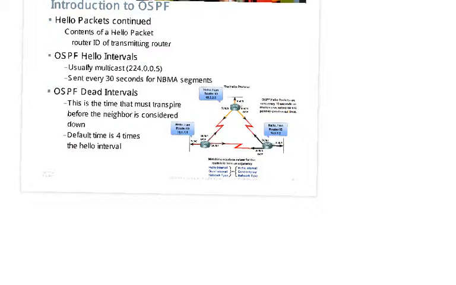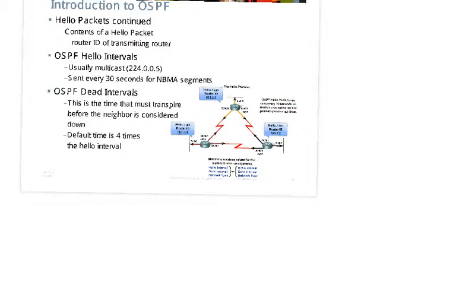Remember that. So you have three values here which are different from EIGRP, and you need to pay attention to this. If you remember, the hello interval for EIGRP used to be 5 for point-to-point links, and point-to-point links are these type of links. This is point-to-point. This is point-to-point.